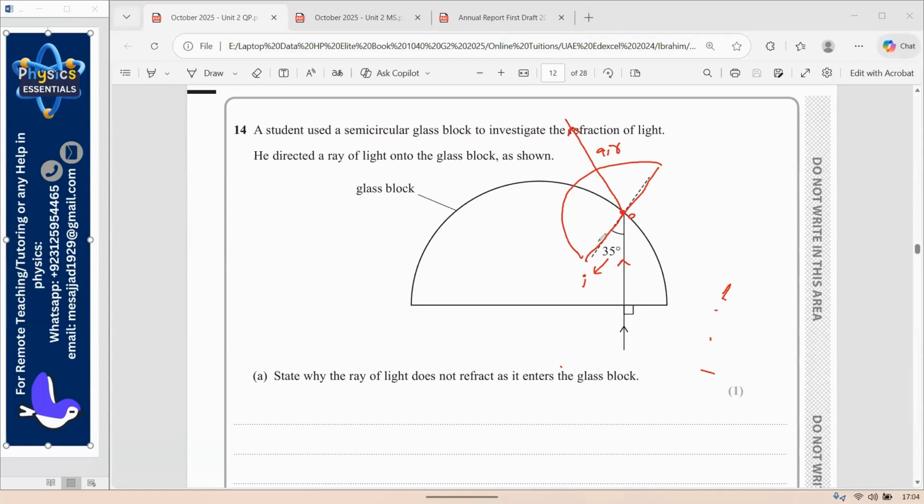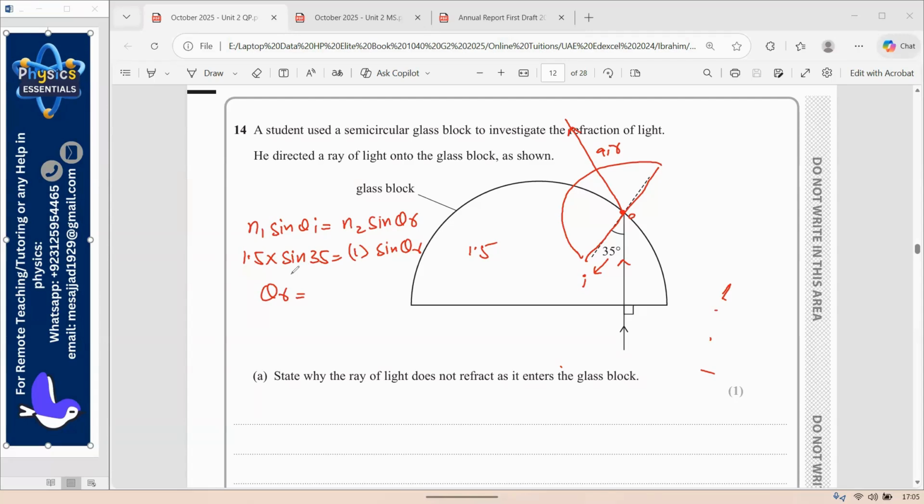So just applying Snell's law, n1 sine theta i equals n2 sine theta r. n1 is definitely glass, for that it is 1.5. Sine of the incident angle is 35. For air, it is definitely going to be 1, and theta r is what I'm calculating.